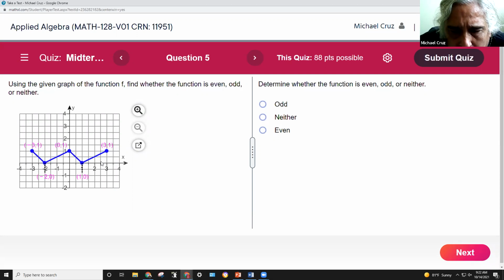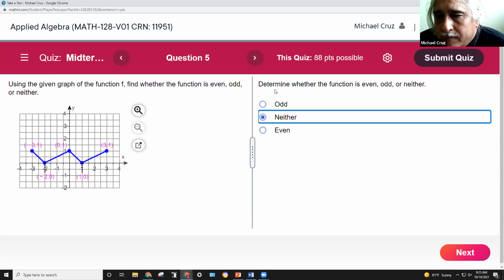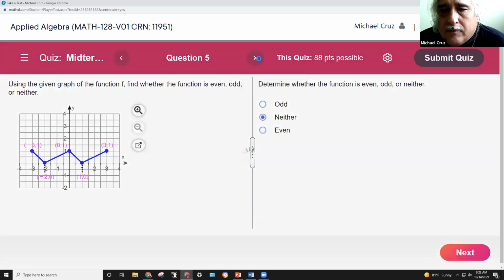This one right here is longer. So if you folded it, it should have a mirror image on the y-axis. If it's an odd function, it'll be symmetric on the x-axis. And you know what? And this is just going to be an either. It doesn't have any symmetry whatsoever.